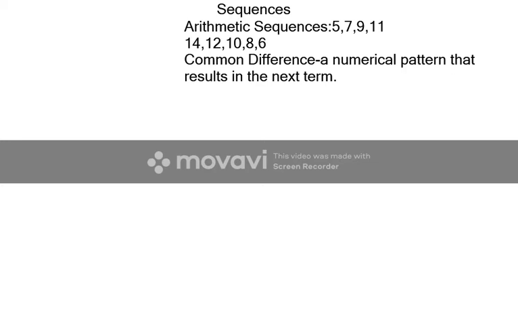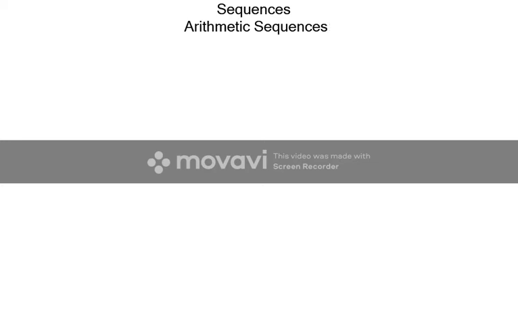You'll be asked various questions about it, so make sure you really understand the arithmetic sequence formula. So the arithmetic sequence formula is a sub n equals a sub 1 plus d times n minus 1. You guys should probably write this one down, that's very important: a sub n equals a sub 1 plus d times n minus 1.